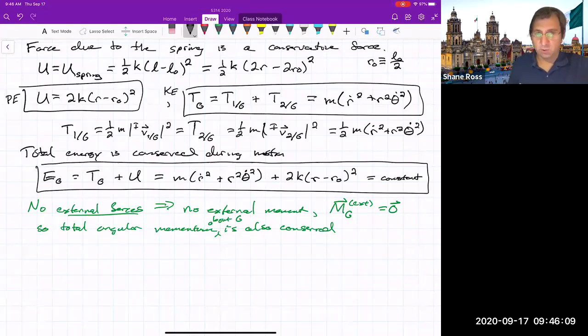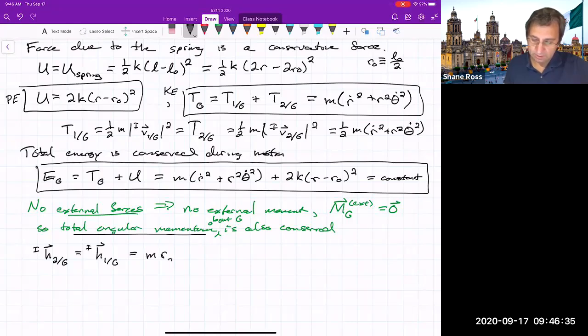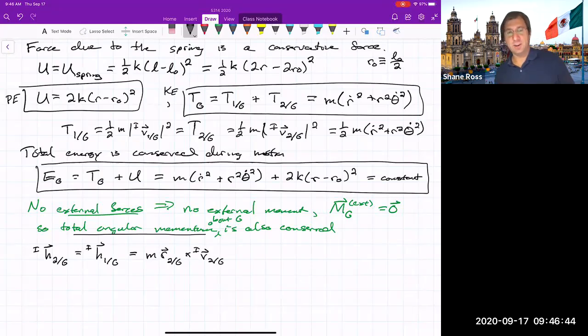So now we need to write what the total angular momentum is. To get that, we need to write the individual angular momenta of each particle. So the angular momentum of particle 2 about the center of mass is going to end up being the same as particle 1 about the center of mass. And it'll be m, the location of particle 2, cross the inertial velocity of particle 2. And since R2g is negative R1g, that's why these two things are the same.